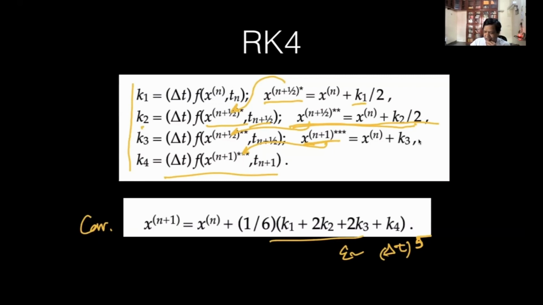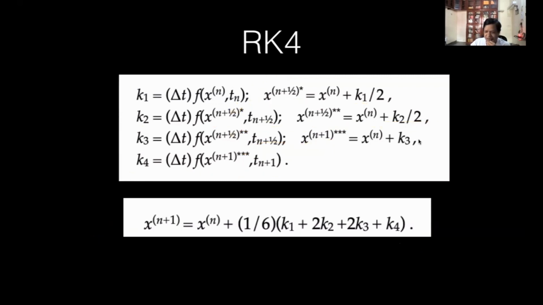And so what about its stability? Stability is good. Again, x dot is alpha x, and we substitute here in this equation, we will get this. Now the boundary between stable and unstable region is given by this contour. And that contour, you can plot it.